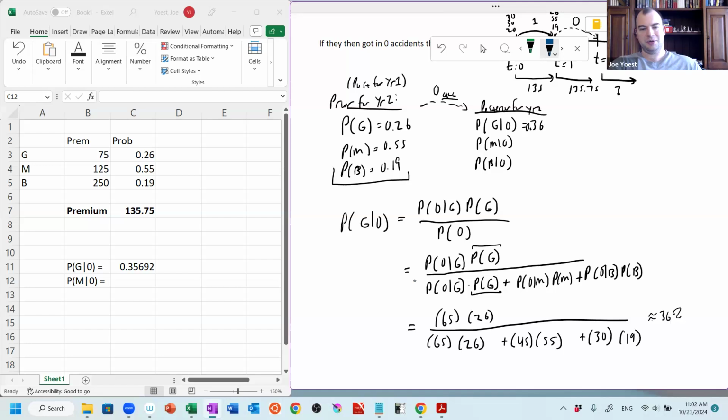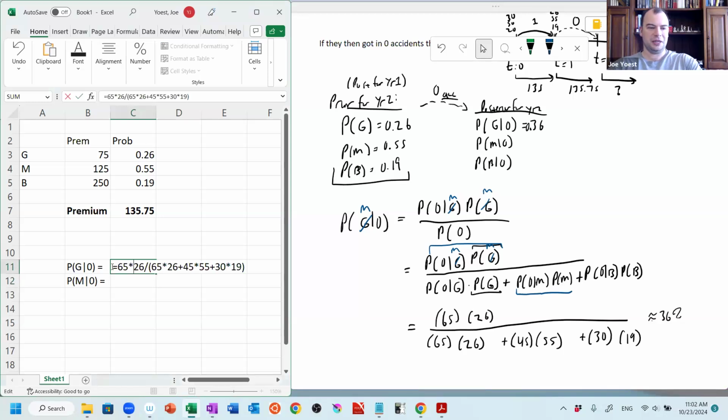And similarly, if I want to compute probability of moderate given 0, what changes is the numerator. The denominator, all of the ways of getting in 0 accidents, doesn't change. It's still all of the different ways. We're just plucking out, instead of the first term in the denominator, the proportion of all of the 0 accidents that is associated with good drivers, the proportion of 0 accidents that are associated with moderate drivers. We're plucking out this middle term in the denominator.